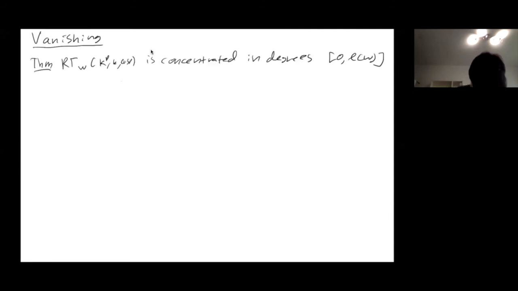And so what that means is that we use the cuspidal sheaf, B_k minus D, where D is the boundary divisor.